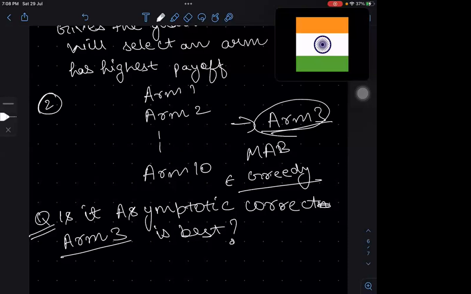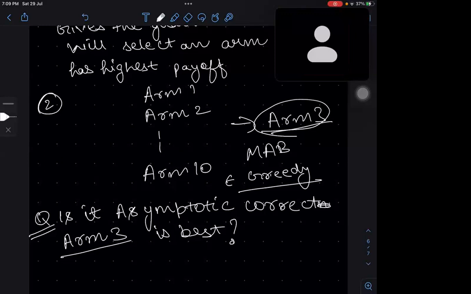We check all these after doing the MAB. This is only the solution of the MAB, the theoretical properties. Now we are asking whether the arm which we have selected is asymptotically correct or not.